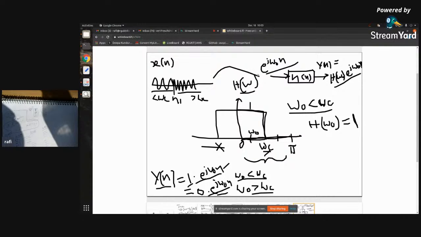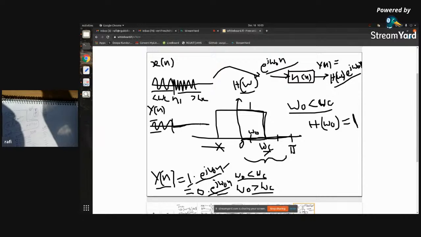When you give this as input to this system, what will be the output? Up to n1, you will have just a scaling factor. It will get multiplied with 1. So y of n is the same as x of n.